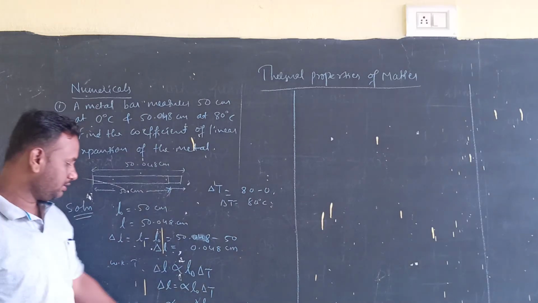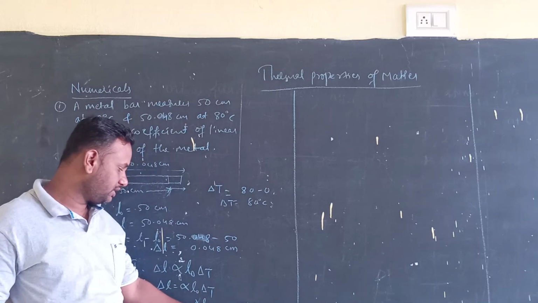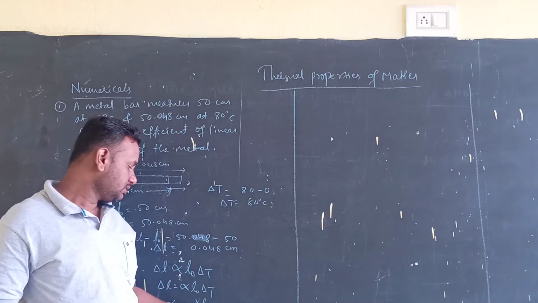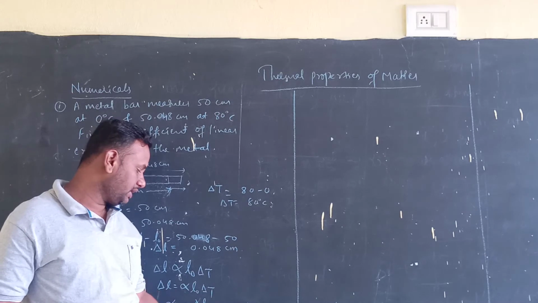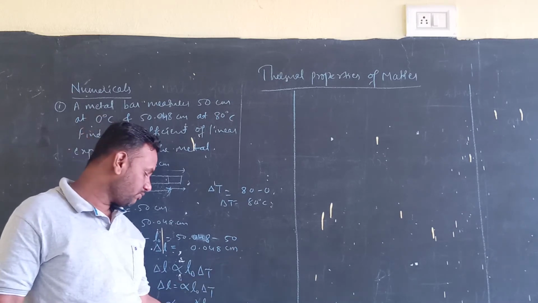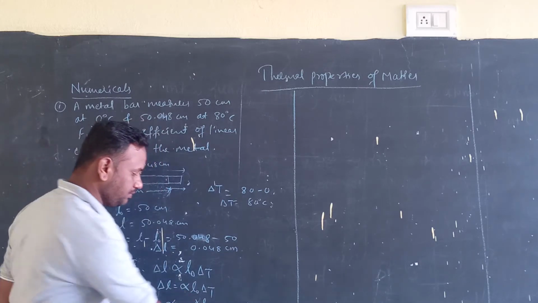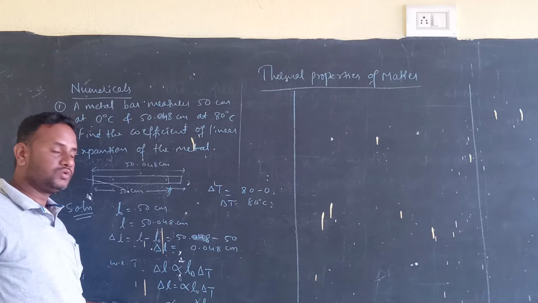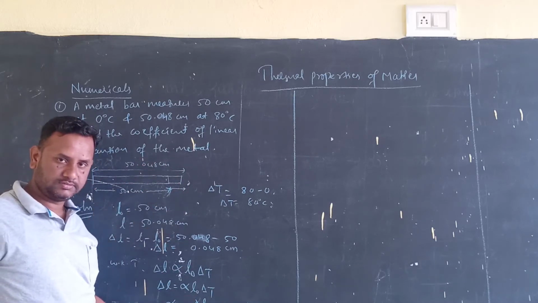So 1.2 into 10 to the power of minus 5 per degree Celsius is the answer after multiplying 50 into the temperature change and dividing 0.048 by it. So here we have calculated the coefficient of linear expansion of the metal. Understood?